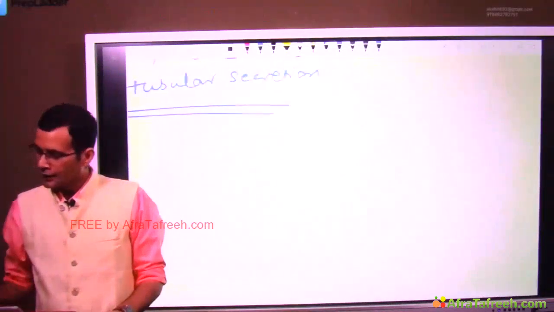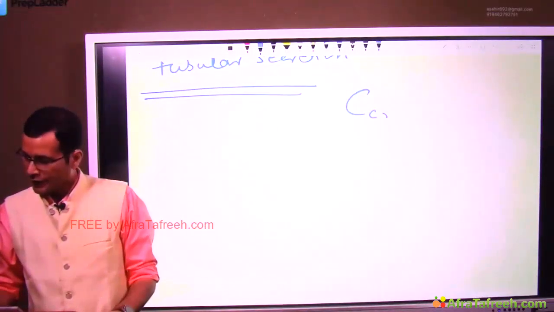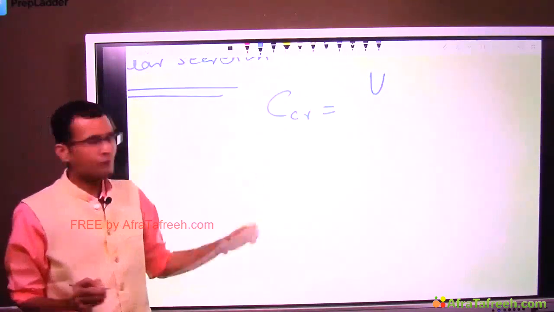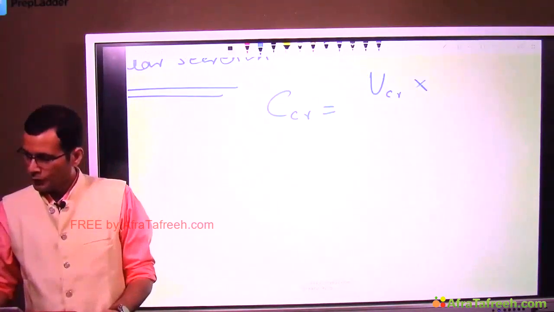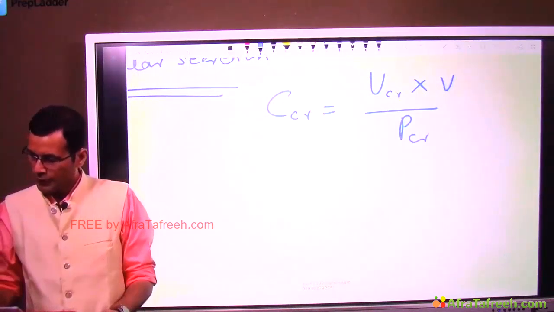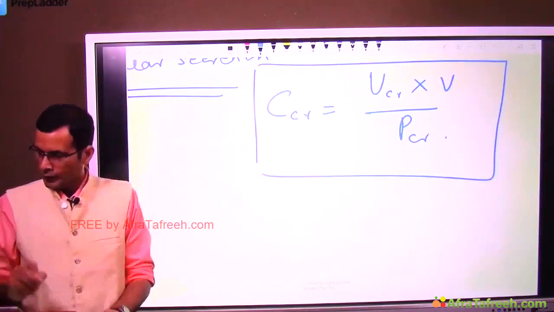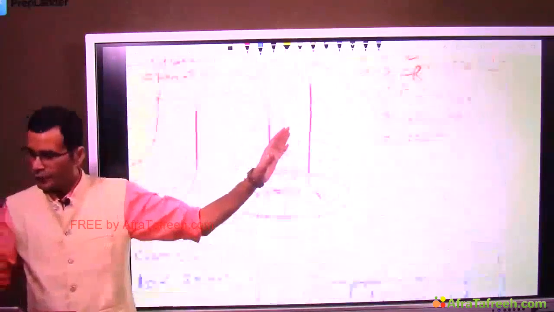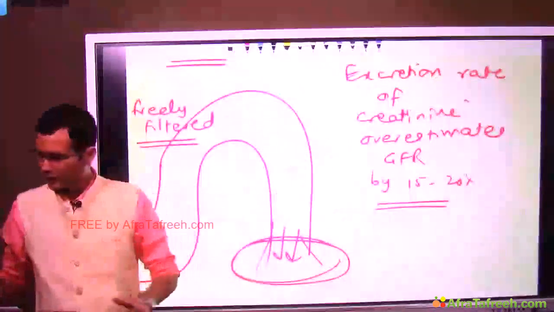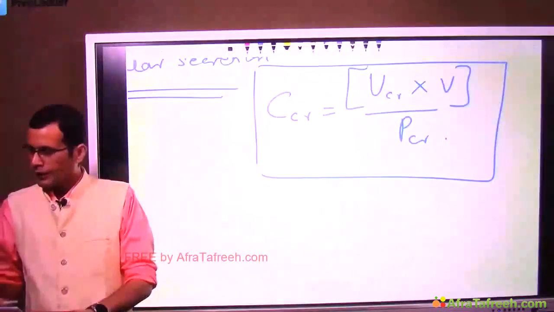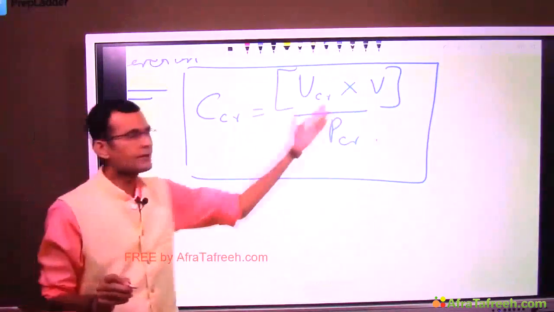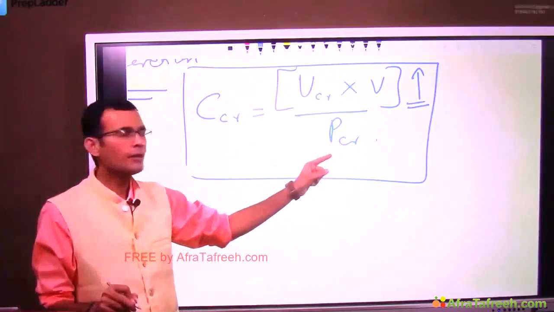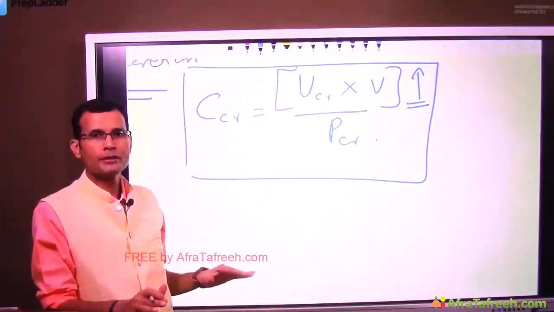So creatinine clearance, let's write it down here. Creatinine clearance, UV upon P. Remember the formula, U into V upon P. Now we have seen that the numerator, that is urinary excretion rate of creatinine, is a false overestimate of GFR by about 15 to 20%.